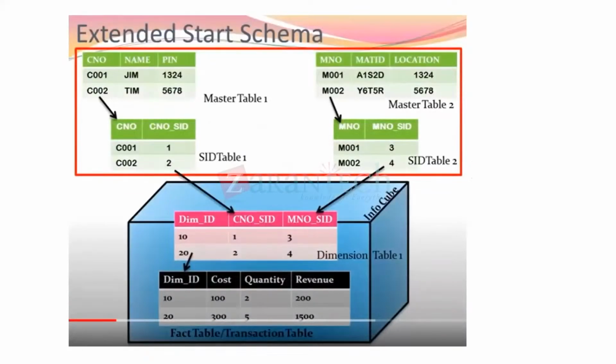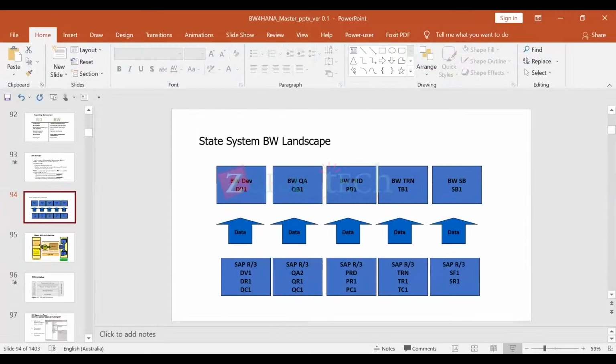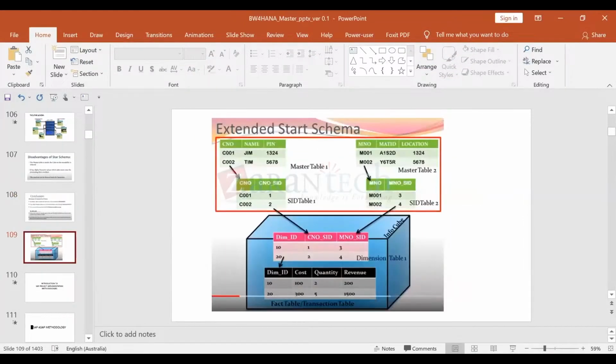This is not the right picture to show you the example of extended star schema. Maybe I'll just quickly Google and show you how the extended star schema would look like. Then you can appreciate the beauty of SAP BW's architecture. So BW is based on extended star schema.